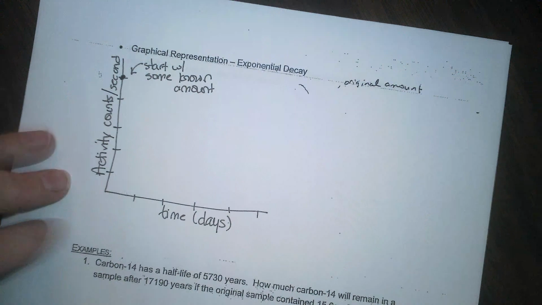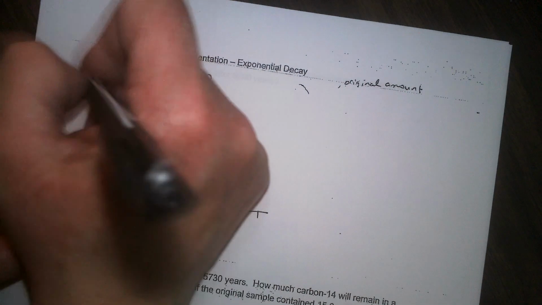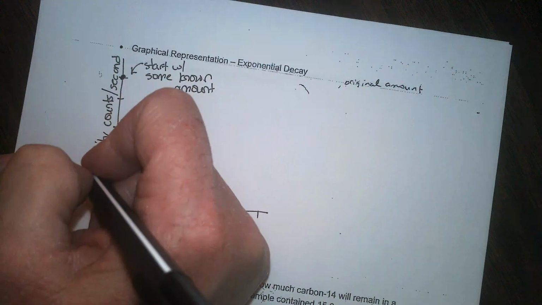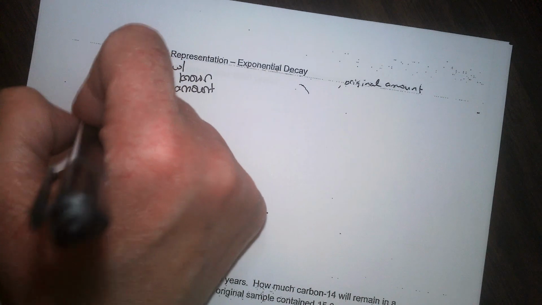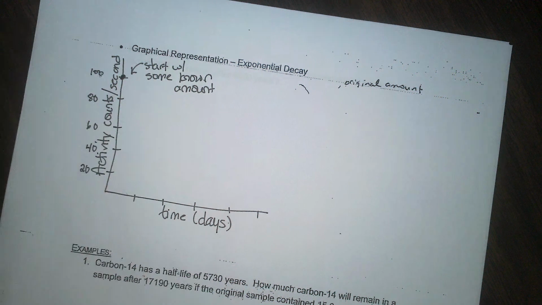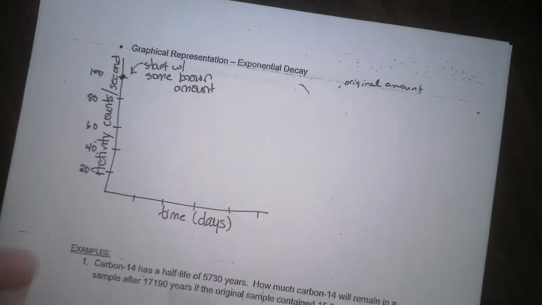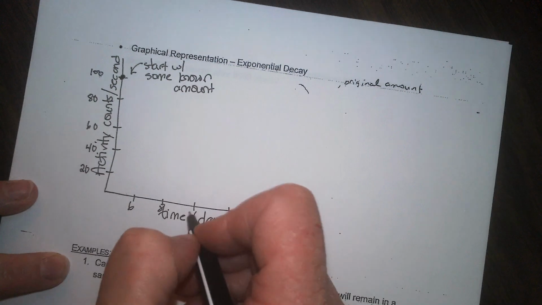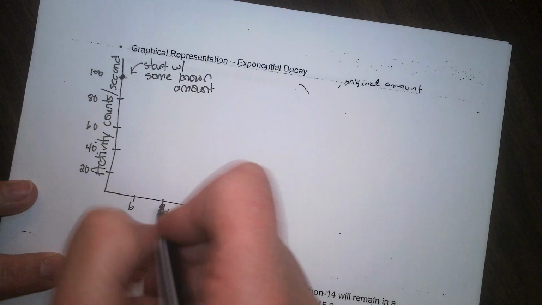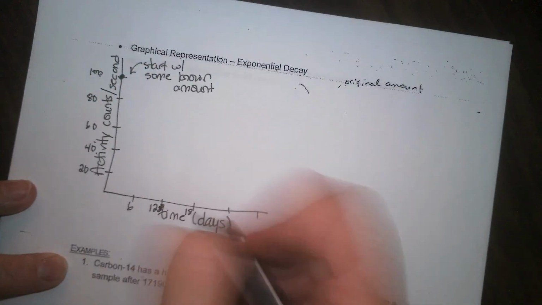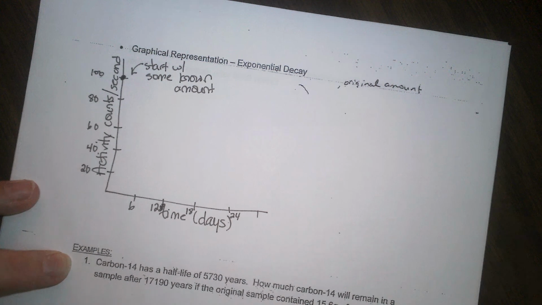Let's go 20, 40, 60, 80, 100, and across, 6, 12, 18, 24.